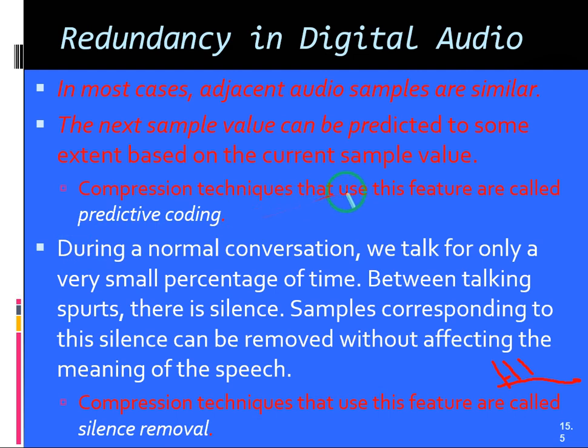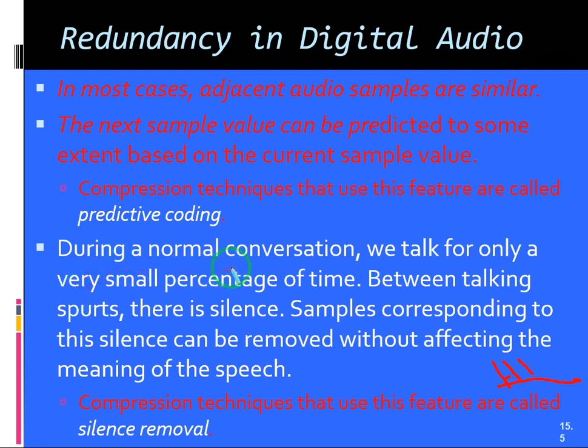Compression techniques that use this feature are called predictive coding. Predictive coding means adjacent samples are similar and the next sample depends on the current sample value.